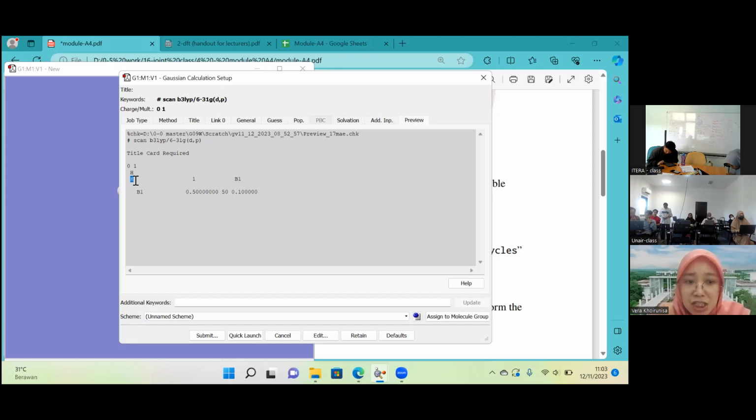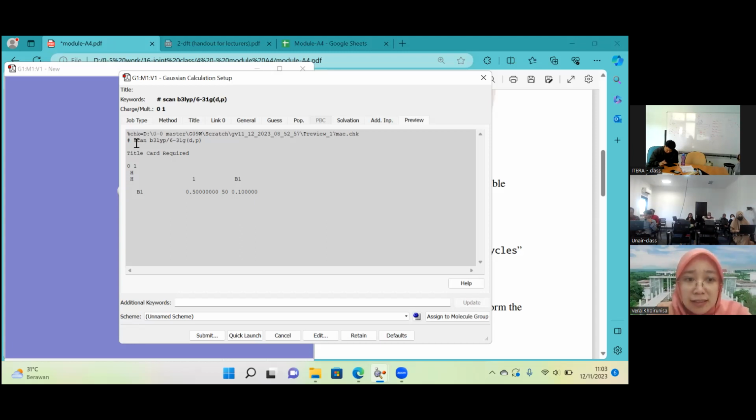The second H atom with the first H atom has a distance of B1. So how much is B1? B1 is 0.5. This is the initial R, or the initial distance that we set between two hydrogen atoms.